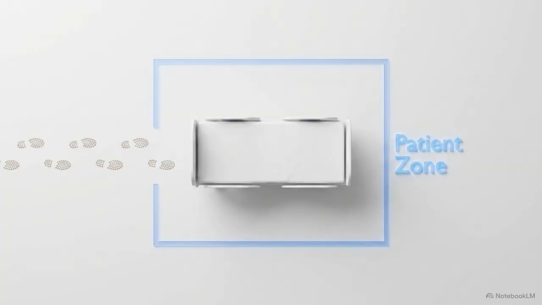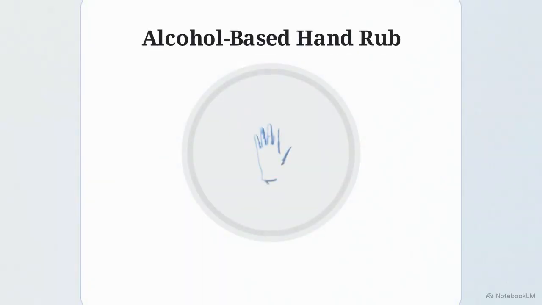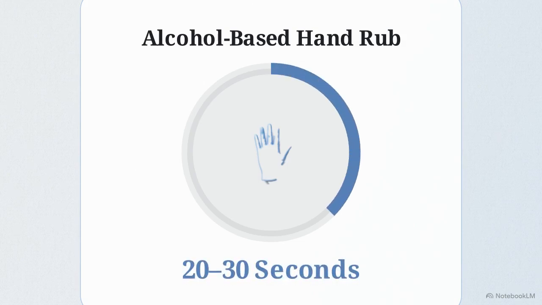Watch their movement around the patient zone to see if they perform hygiene at the correct trigger points. We track the 5 moments framework established by the World Health Organization, which defines the exact instances hand hygiene is required. Time their cleaning process. If their hands are not visibly soiled and they use alcohol-based hand rub, the application must last 20 to 30 seconds.